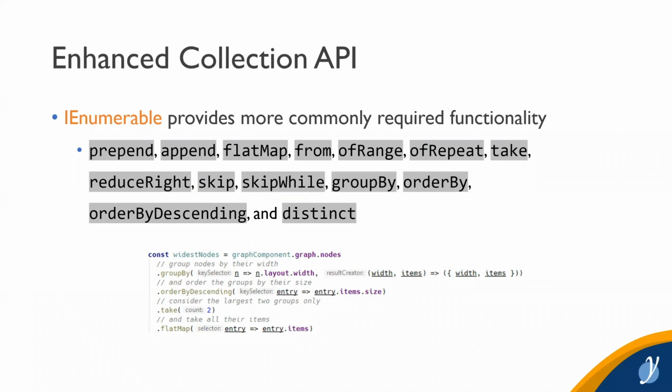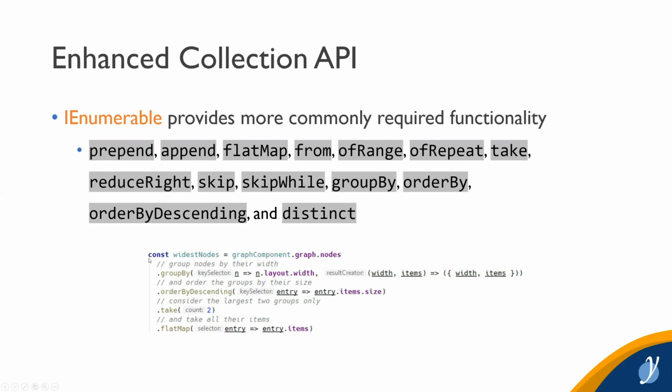We also enhanced the collection API. As a developer, you have access to the elements in a graph, and I tried to use this API before in the code snippet I wrote. For example, all the nodes, the edges, the labels, and incoming edges, outgoing edges, and so on, these all implement the enumerable interface, which is similar to the iterable interface, and actually implements the HTML iterable interface.